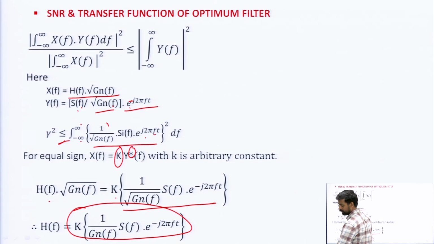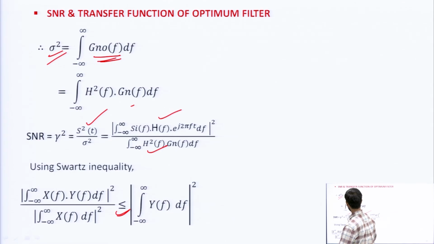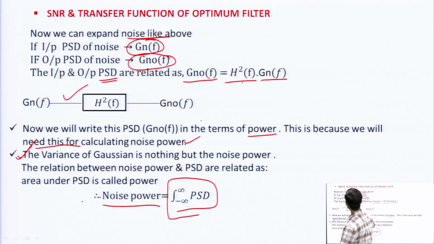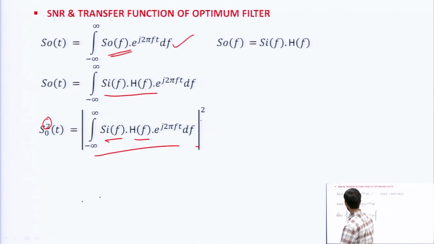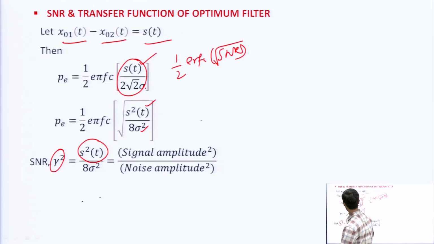So, this is the main result: we have calculated the transfer function of the optimum filter. Before that we calculated the SNR, this is the S square t divided by sigma square.